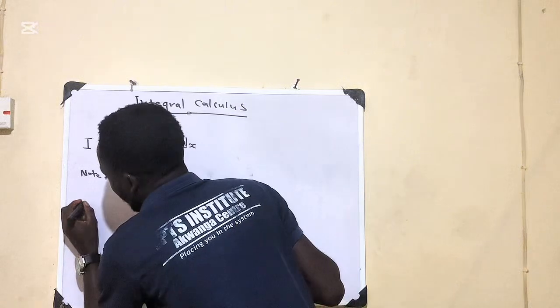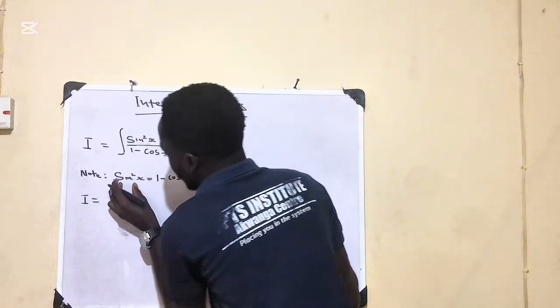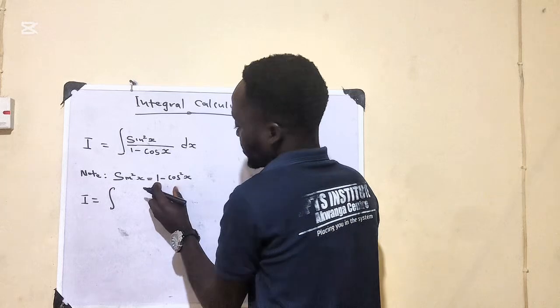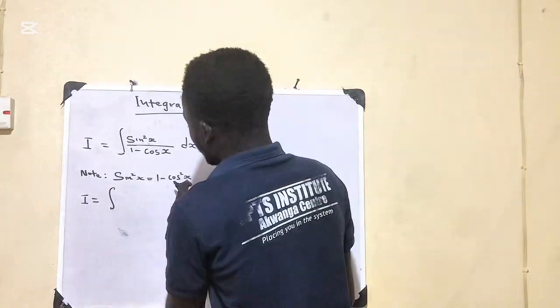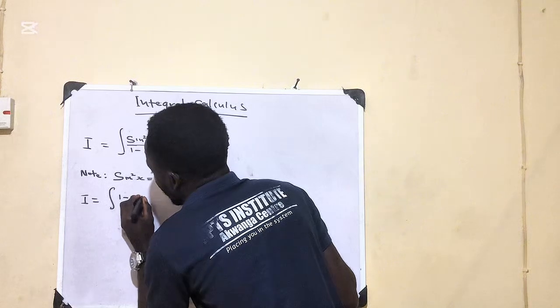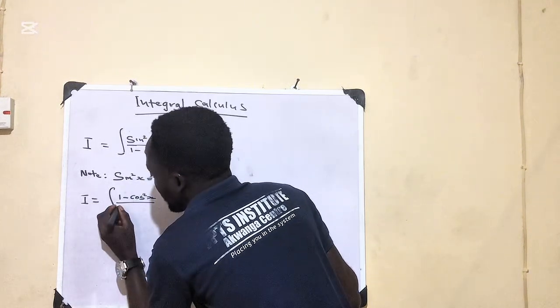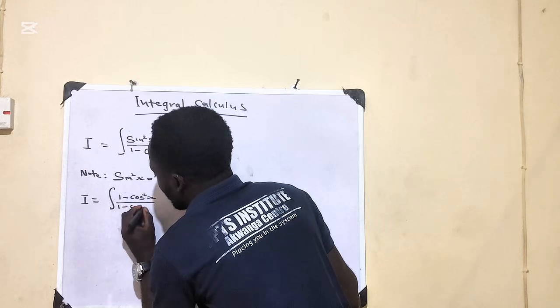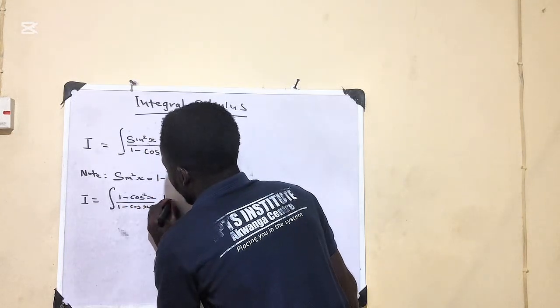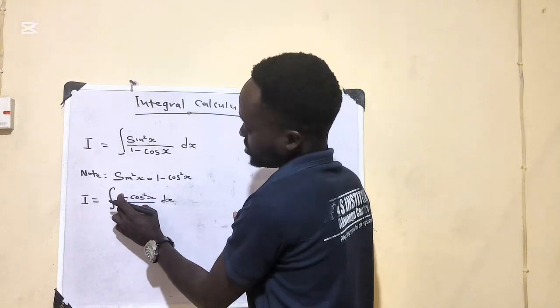So we are going to have I equals the integral of, and instead of writing sine square x, we write 1 minus cos square x, since we say this is equal to this. So we'll have 1 minus cos square x all over 1 minus cos x dx. Now from here, we can expand the numerator.